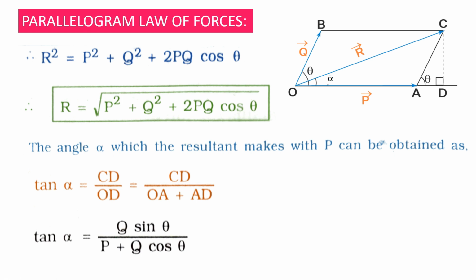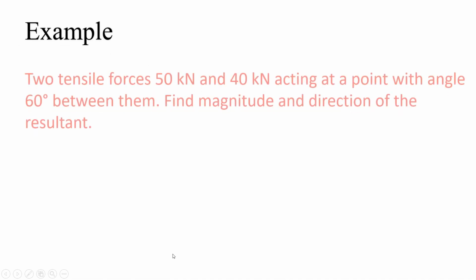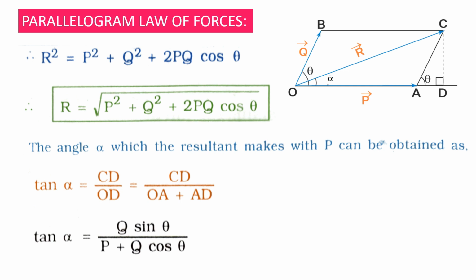Further, we simplify this equation by putting the values CD equals Q sin theta, OA equals P, and AD equals Q cos theta. So this is the equation of tan alpha, and from this equation we can calculate alpha, the angle between P and R.